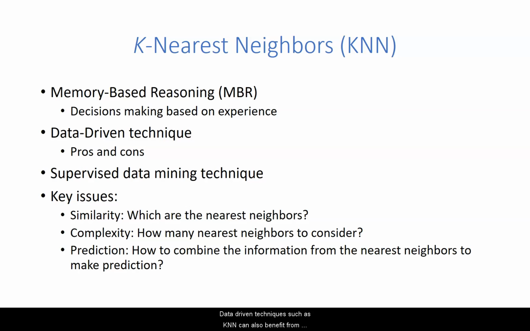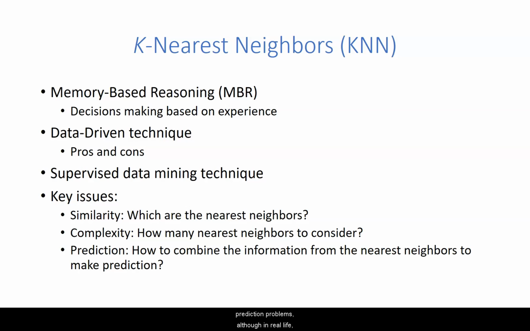Data-driven techniques such as KNN can also benefit from large data sets. The more cases or past memory that we can feed the computer, the more accurate the predictions are. KNN supports supervised data mining, meaning that it can be used for both classification and prediction problems.